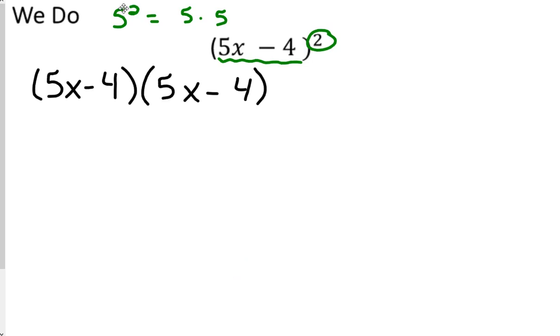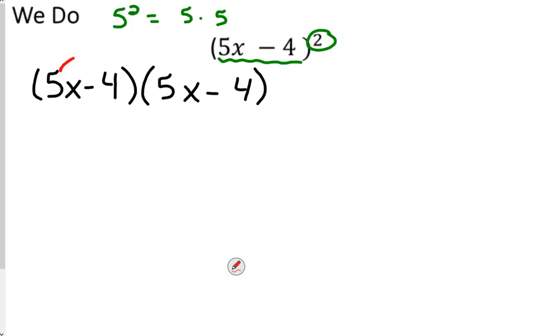Now, again, if you prefer the box method, go ahead and draw out your boxes. I'm going to focus on the distributive method for the video, but you should still end up with the same terms and the same answers when you multiply, even if you are doing the box method.